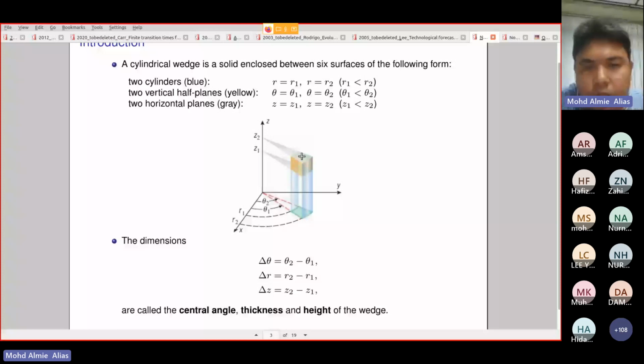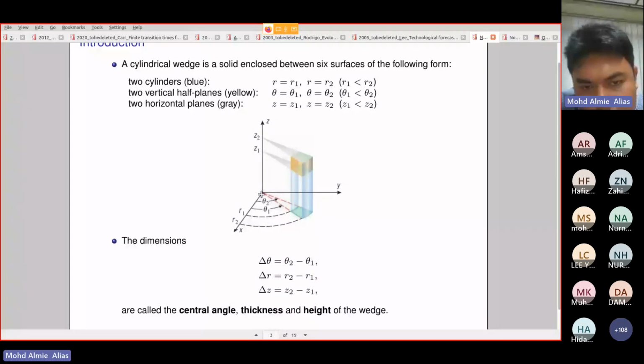Okay, so the dimension of this is just the width, the thickness, in all directions. I mean, delta theta is actually the angle between here, which is theta 2 minus theta 1. Delta r is the difference in distance between these inner and outer boundaries.